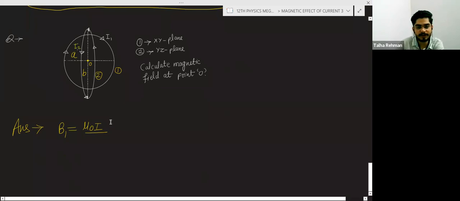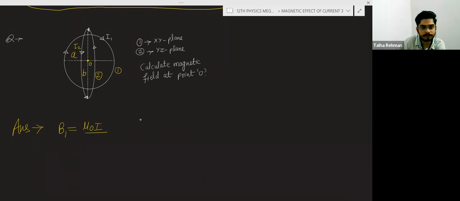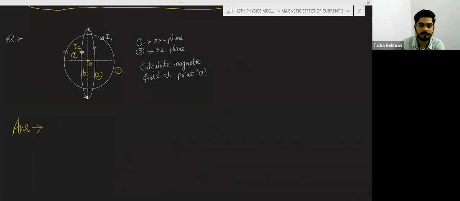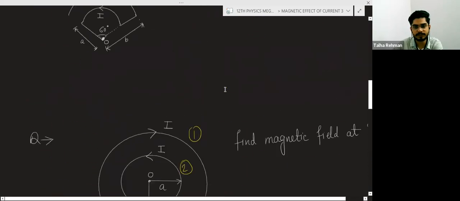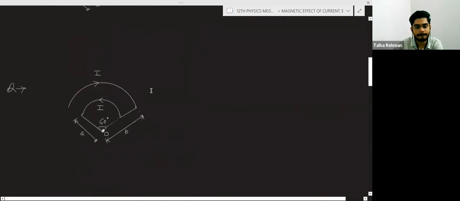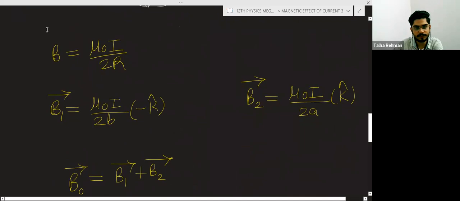First you should know the formula. For a circular wire at the center, the magnetic field is this.